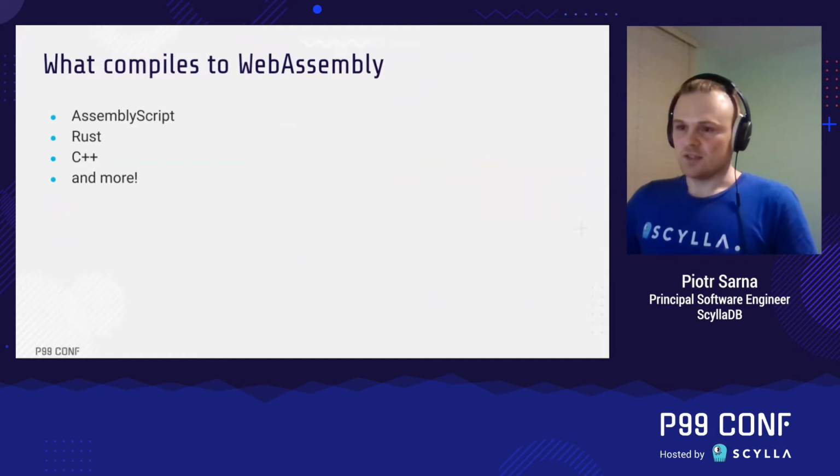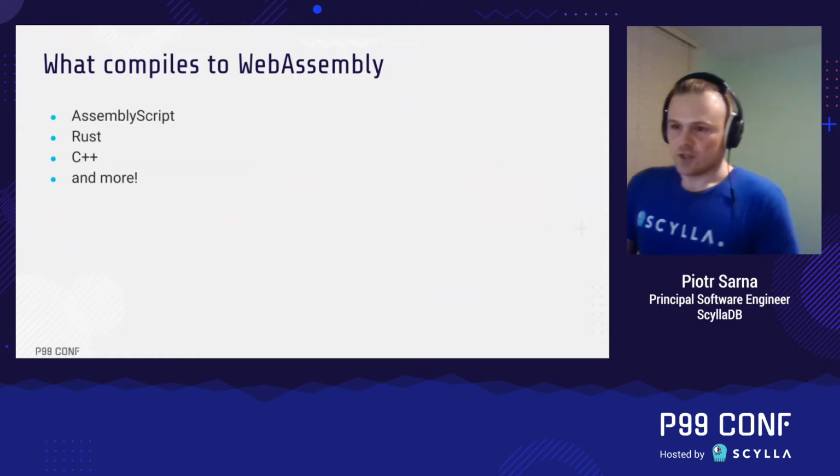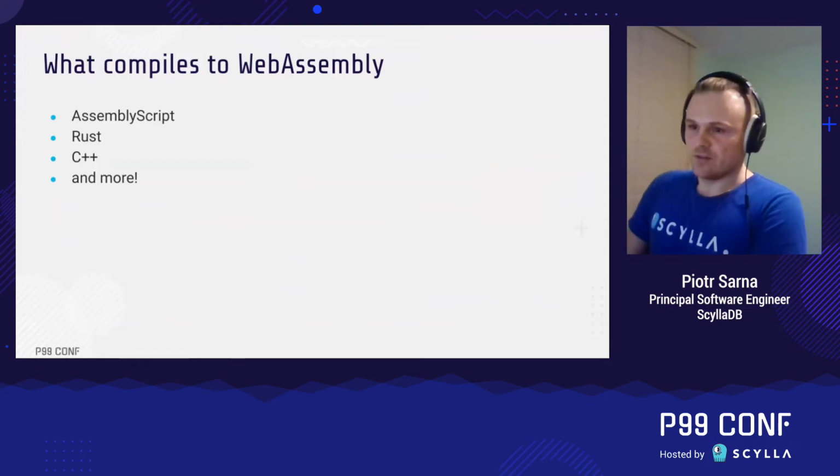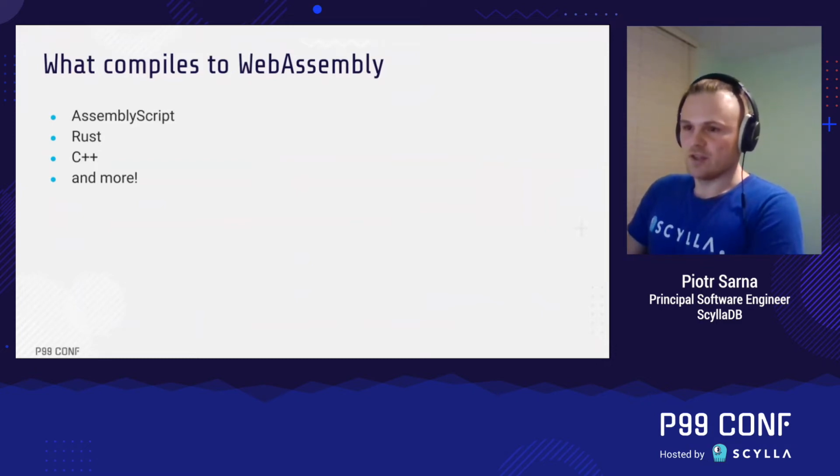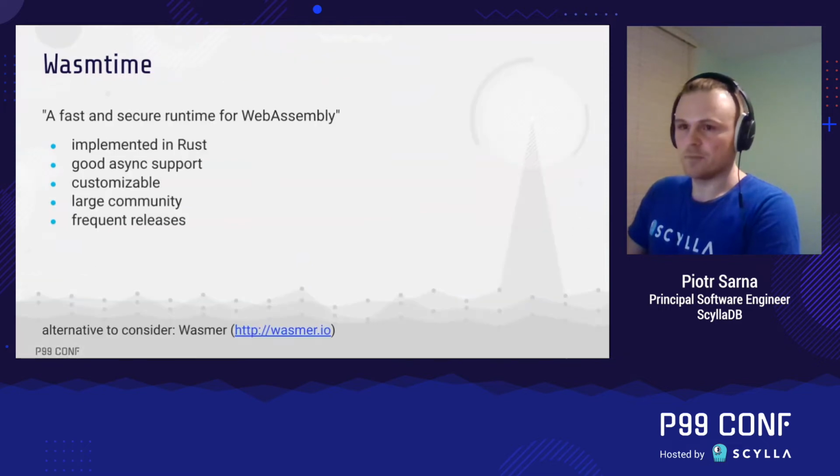C++ also has similar capabilities if you use the Clang compiler. Both Clang and Rust toolchains are based on LLVM, and that's why they both benefit from the fact that LLVM can produce WebAssembly binaries. In ScyllaDB, we targeted Rust as our main language for coding WASM-based user-defined functions because it's the most developer-friendly language out there, at least in my opinion.